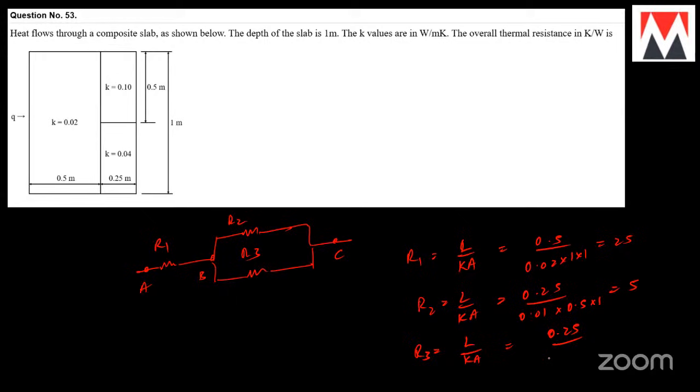Then you have K is equal to 0.04 into 0.5. You have 12.5. So overall, your effective resistance is nothing but 25 plus 5 into 12.5 by 17.5. So again, you will get nearly 29. So your resistance is 29.